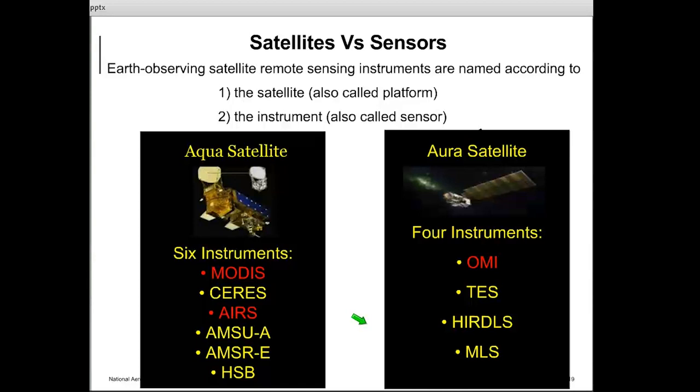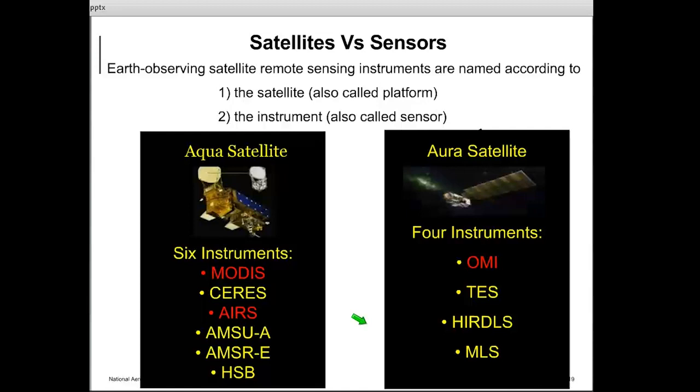For example, OMI is the Ozone Monitoring Instrument. It is designed to monitor atmospheric ozone. It also provides information about absorbing aerosols and other things. And then there are other instruments which provide different pieces of information.